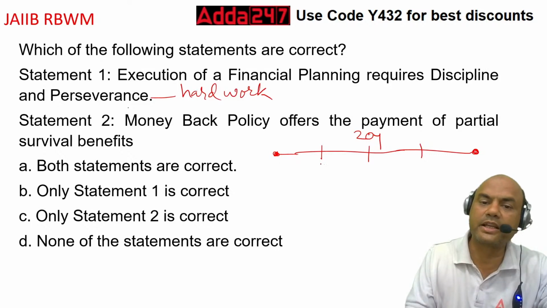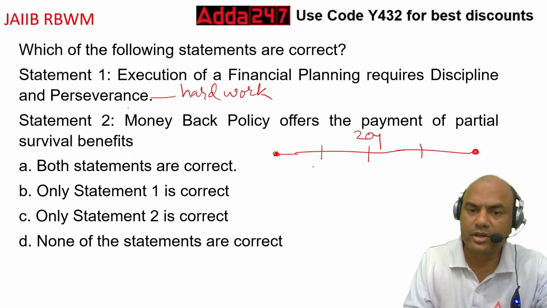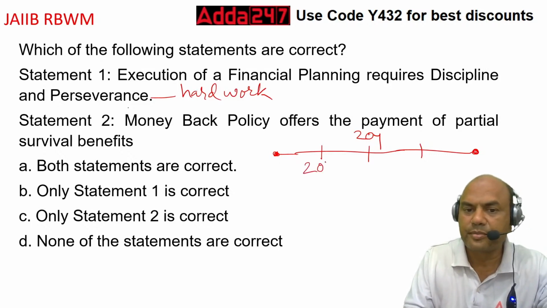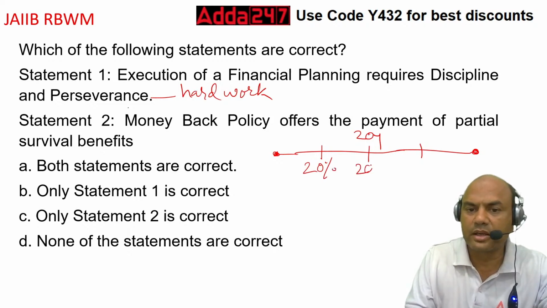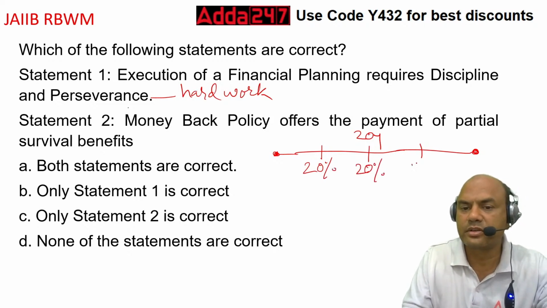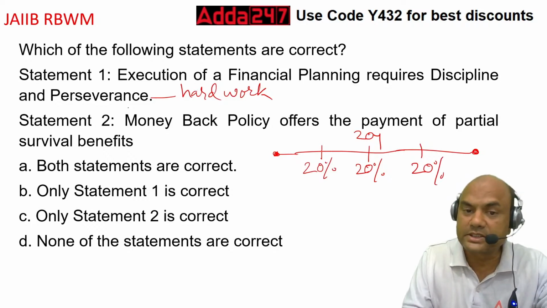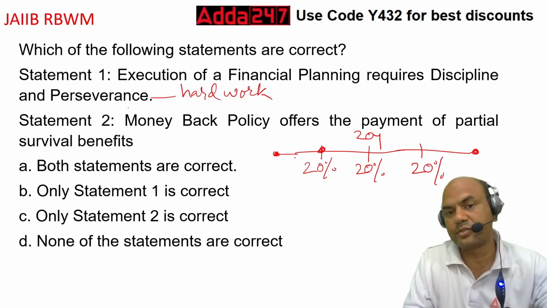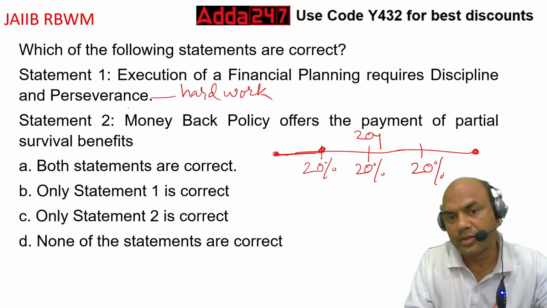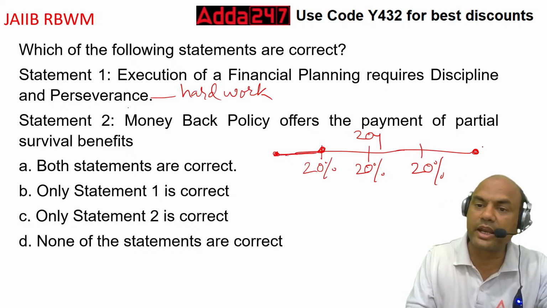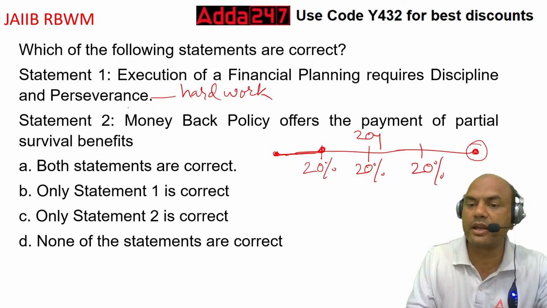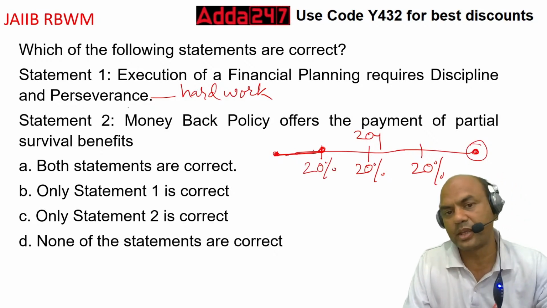Every 5 years I'll get some part, let's say 20%. After every 5 years, 20%. And in the end I'll get the remaining amount. Now this is dependent on if I survive. If something happens to me in between, then this policy is closed and the entire amount which you are to get at the end, you will get it over there only, in between.